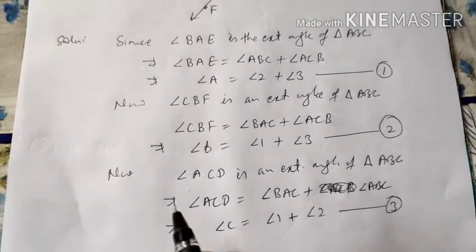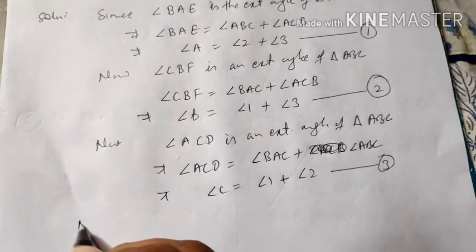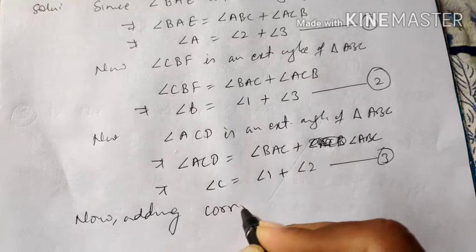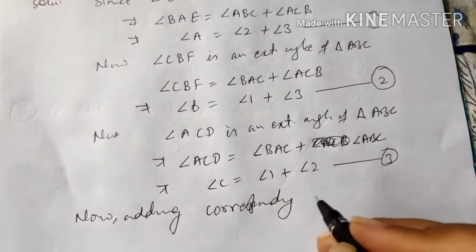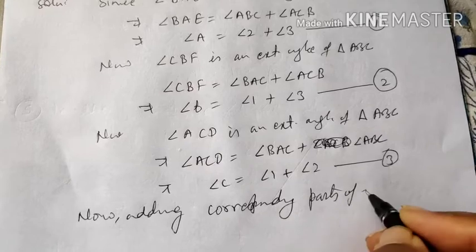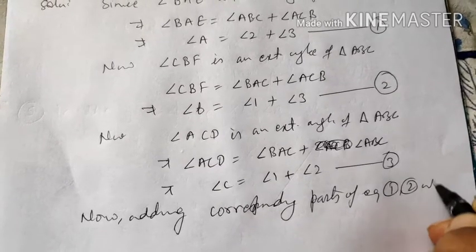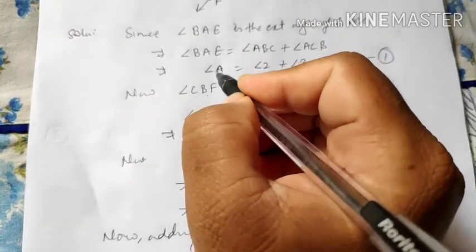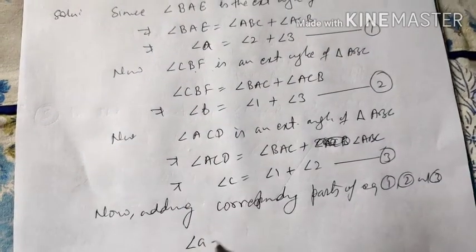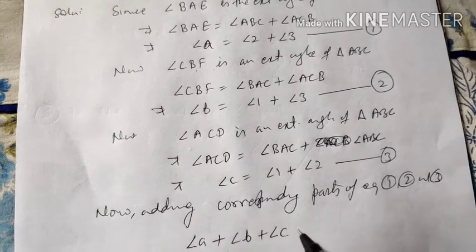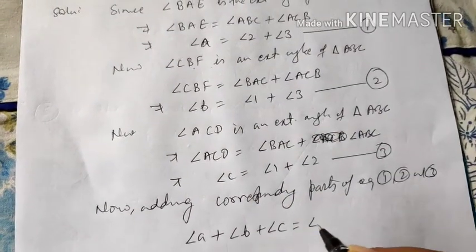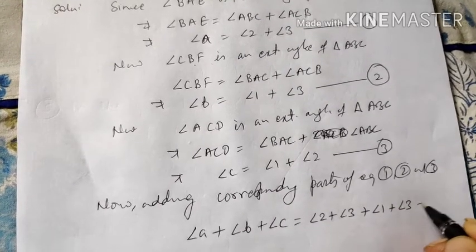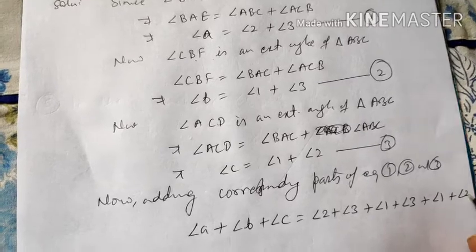Now adding corresponding parts of equation 1, 2 and 3, we see that angle A plus angle B plus angle C equals angle 2 plus angle 3 plus angle 1 plus angle 3 plus angle 1 plus angle 2.